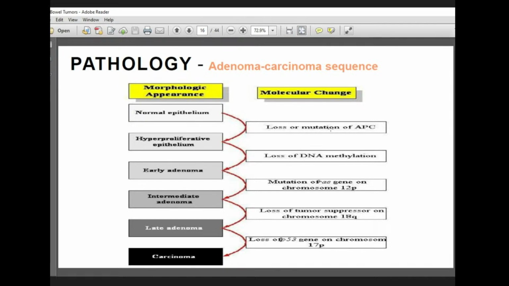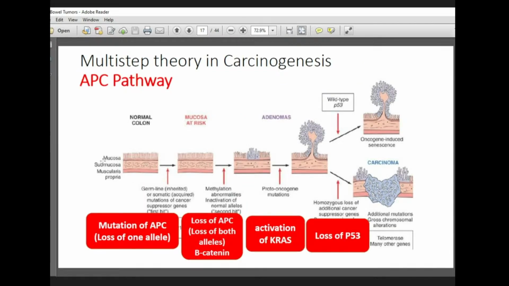There is loss or mutation of the APC gene, loss of DNA repair or DNA methylation genes, mutation of the RAS gene on chromosome 12p, and tumor suppressor gene loss, especially the p53 gene on chromosome 17p. This multi-step mechanism, at the level of the epithelium and at the molecular level, leads to development from normal epithelium to carcinomatous epithelium. So mucosa, this is the normal colon.